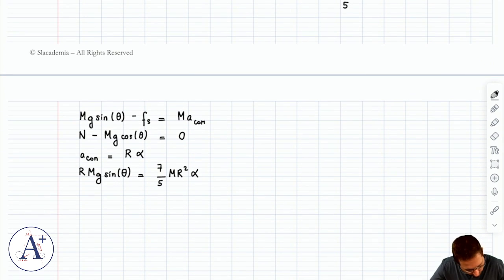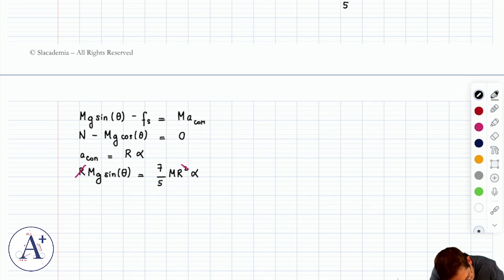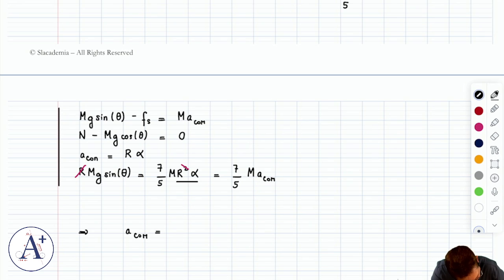Okay, which I can simplify a smidge because r here cancels the square. And because r alpha is a center of mass, I get 7/5 m a center of mass. Which is nice because now I can just conclude directly from the last equation that a center of mass is equal to, after simplifying m, 5/7 of g sine theta.